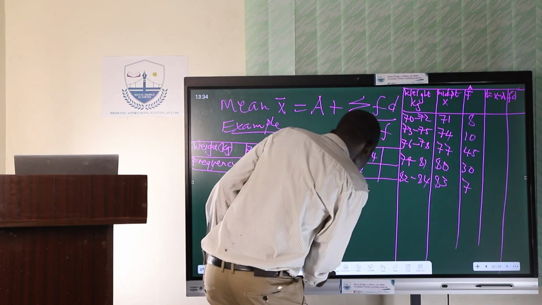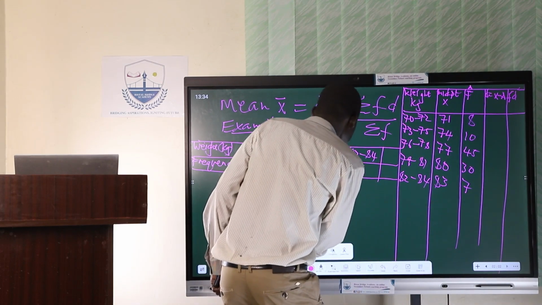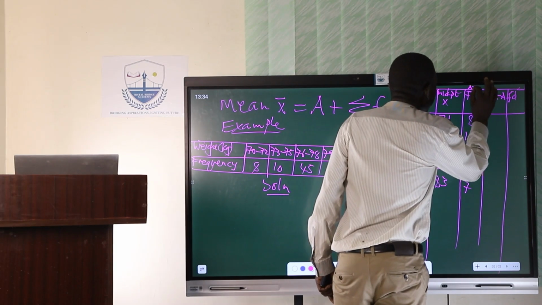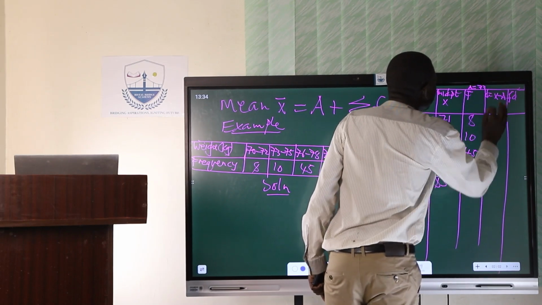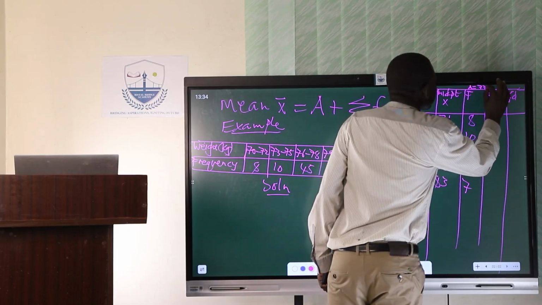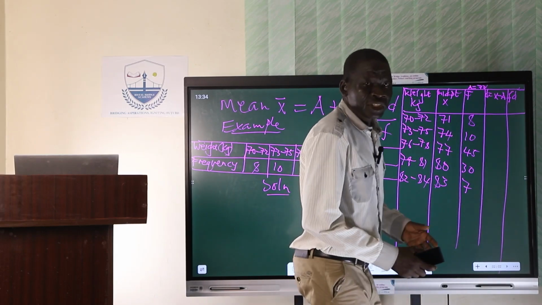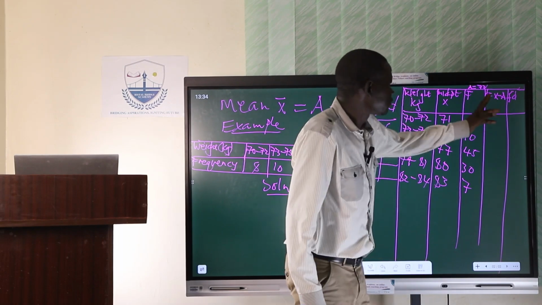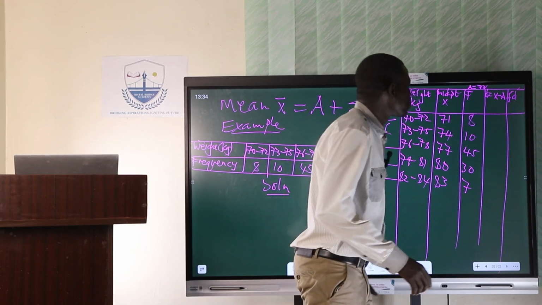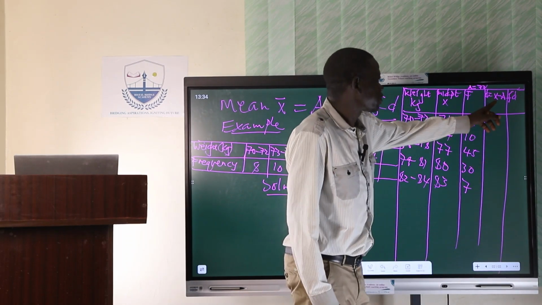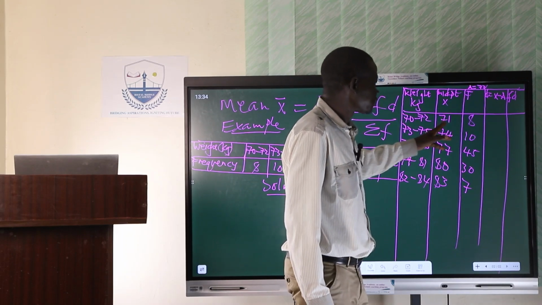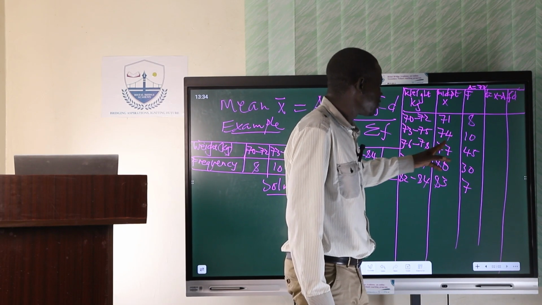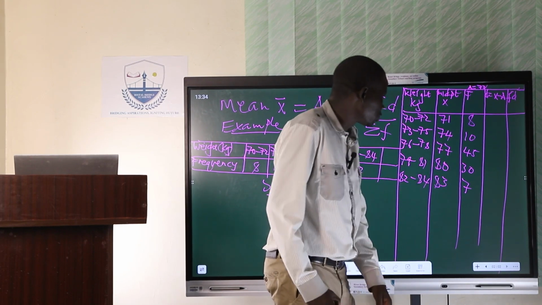To get the value of D, we shall subtract x minus A. The x values are 71, 74, 77, and so on.